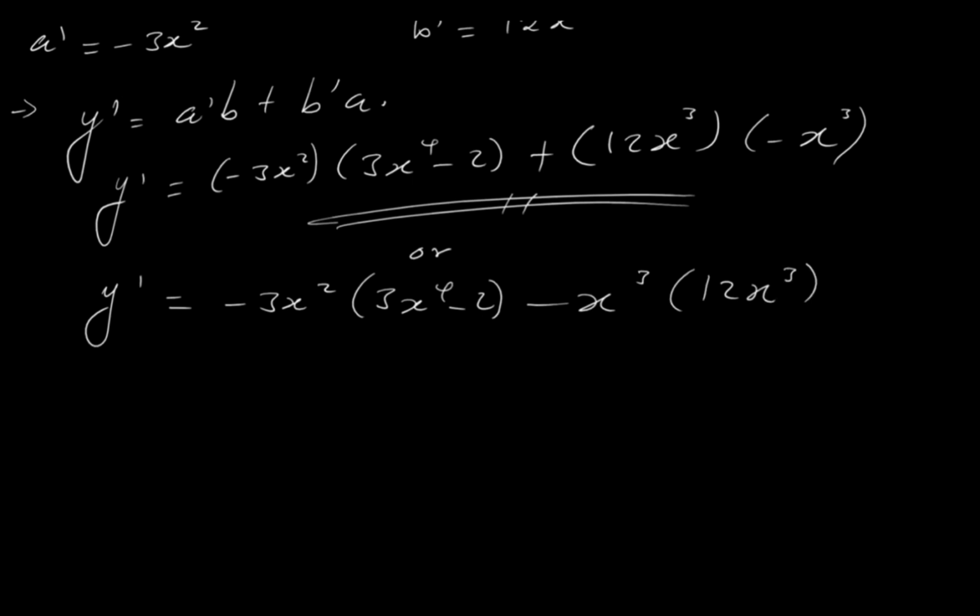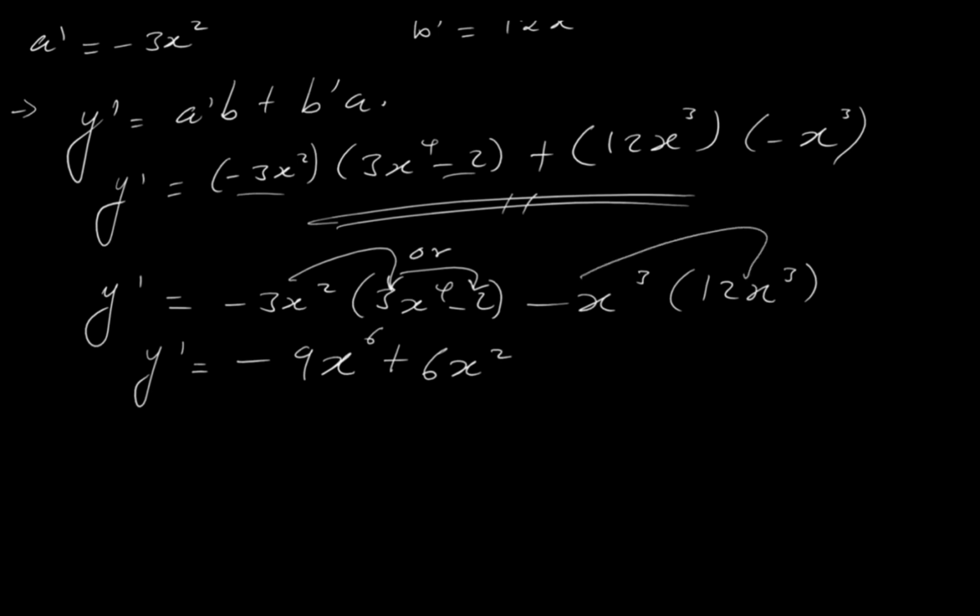Let's polish this up. This multiplies this together with that. So y prime is equal to minus 3x squared times 3x to the 4th. So that gives you minus 9x, you add the powers to give you 6. Then minus 3 times minus 2 gives you a plus 6x squared.